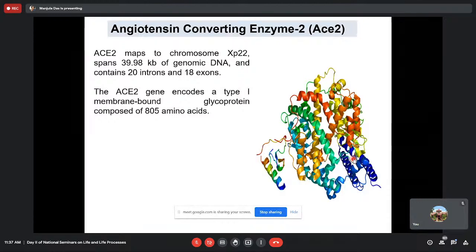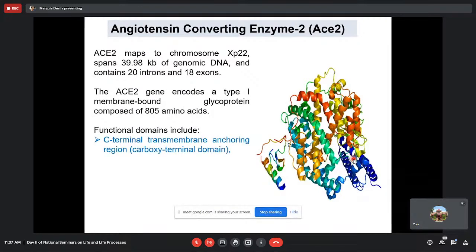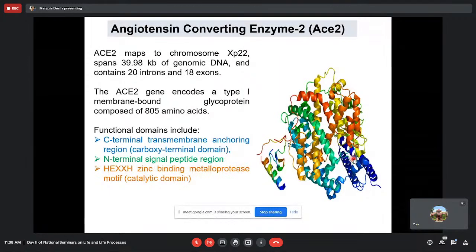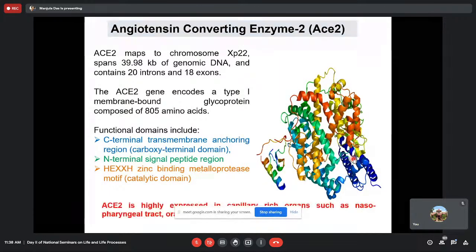The ACE2 gene encodes a type 1 membrane-bound glycoprotein composed of 805 amino acids, which is a large molecule. The functional domains include the C-terminal transmembrane anchoring region, the N-terminal signal peptide region, which takes it to the membrane, and a zinc-binding metalloprotease motif.